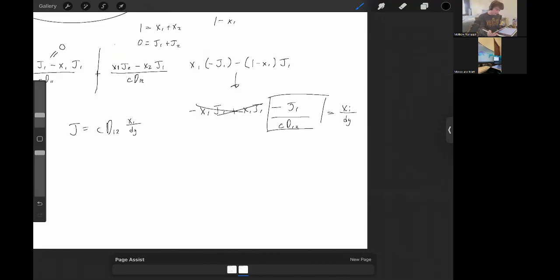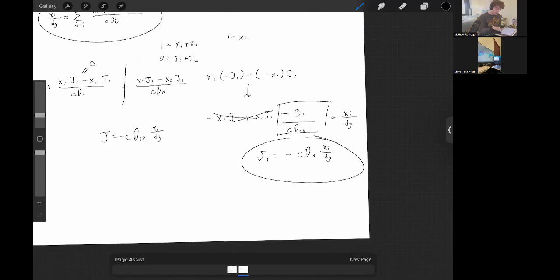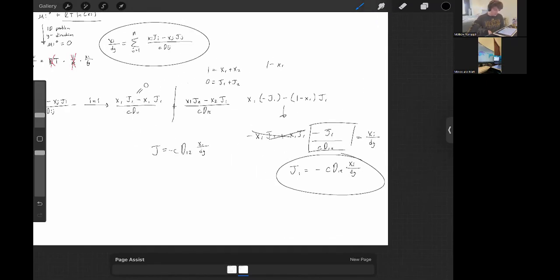And now this looks pretty straightforward, right? Because now we're just going to say that j of 1 equals negative c diffusion of components 1 and 2 multiplied by the molar fraction over some gradient, right? And now we have Fick's law because we use the diffusivity equation that we solved for in part one, and we use the same driving force that we solved for in part two.